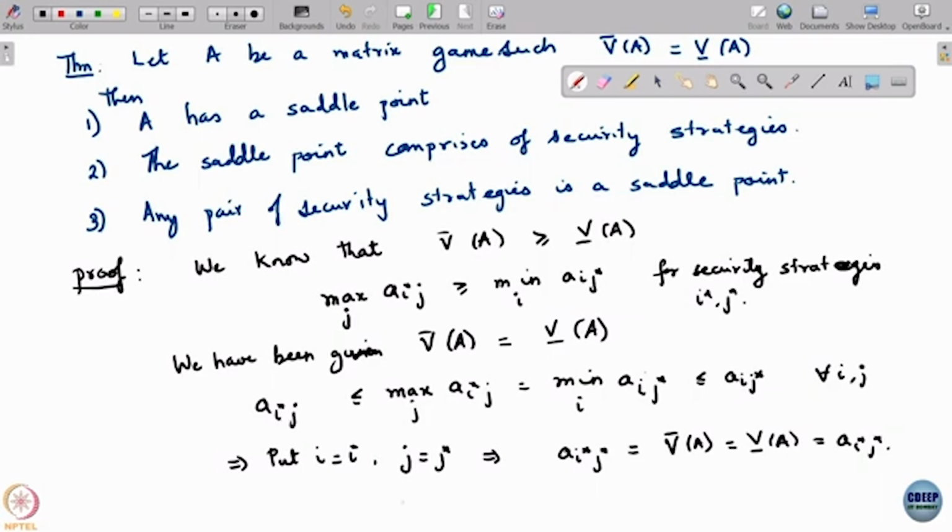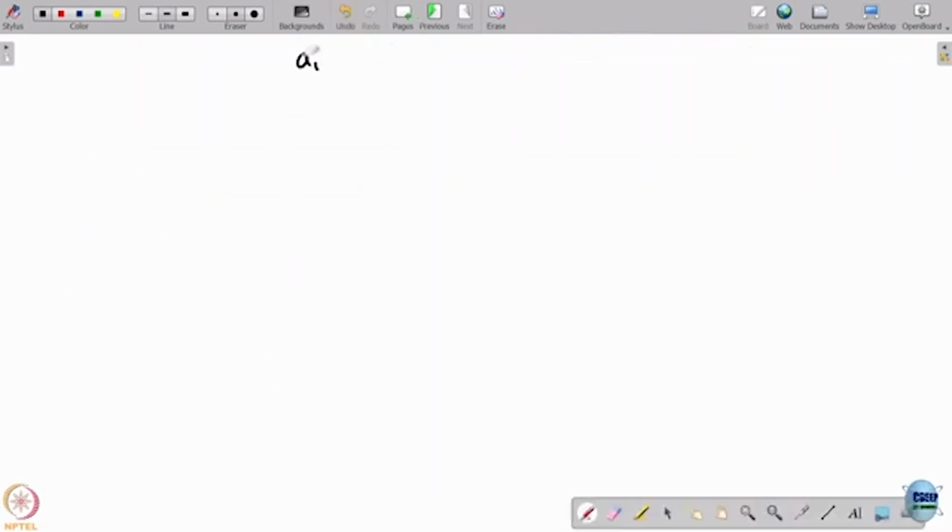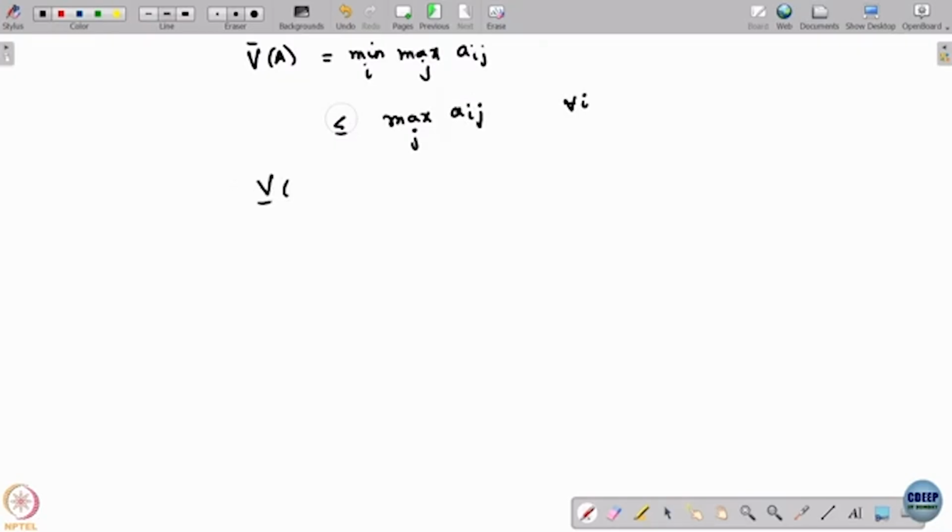What this in particular means, now remember what was V upper bar A? V upper bar A itself was equal to the min over i of max over j of a_{ij}. So in other words, this was always less than or equal to max over j, and V lower bar A is max over j of min over i of a_{ij}.